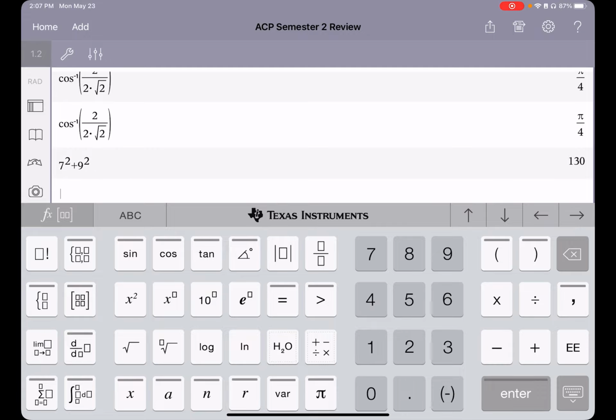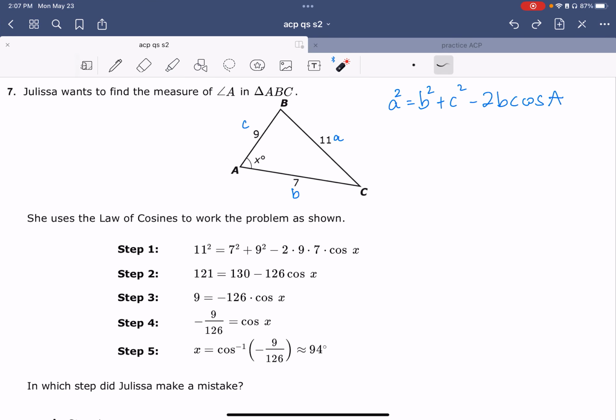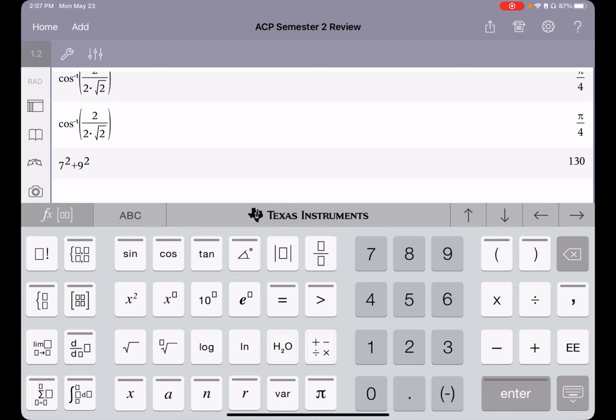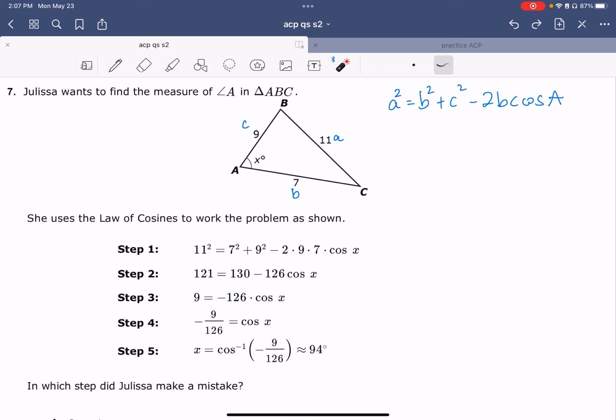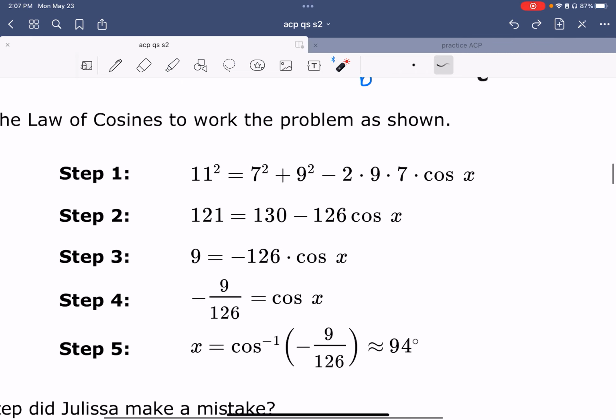Okay, so it is 130. And then negative 2 times 9 times 7 is negative 126, which is what she had. So she simplified everything correctly. She set it up properly.